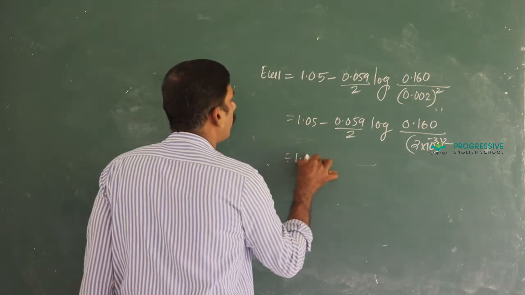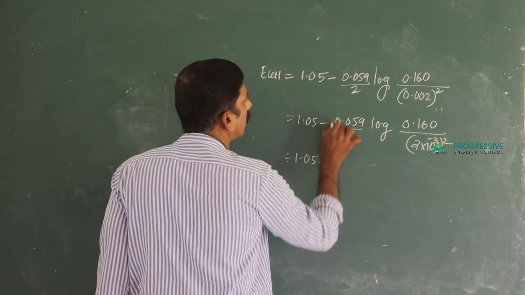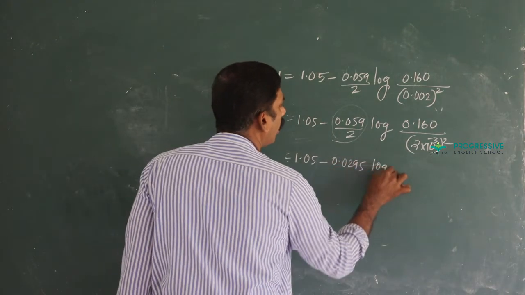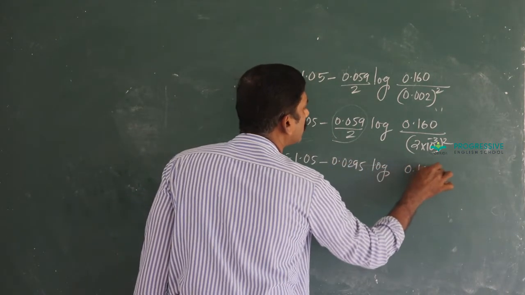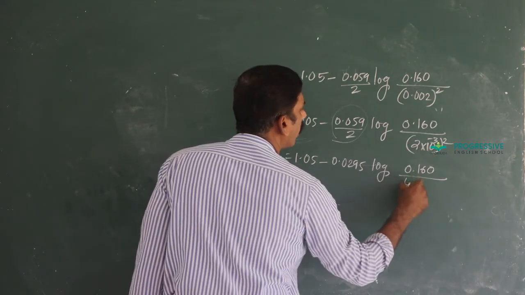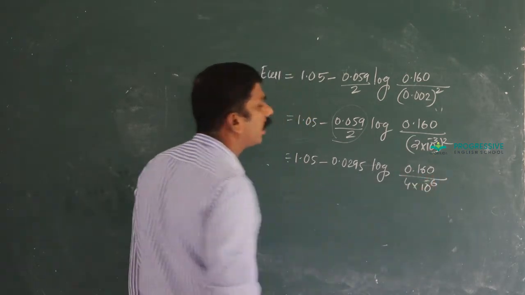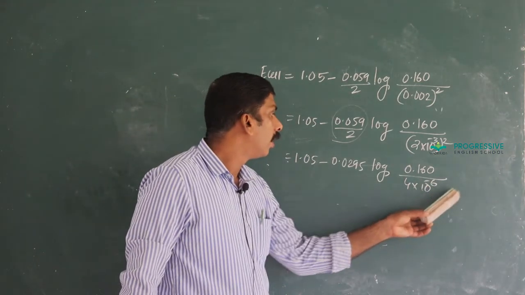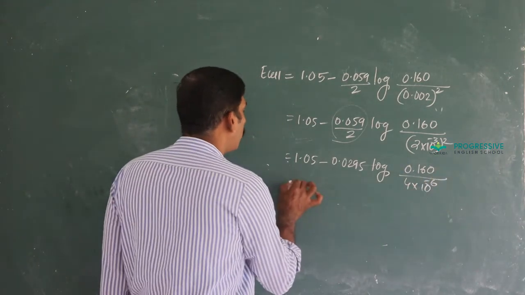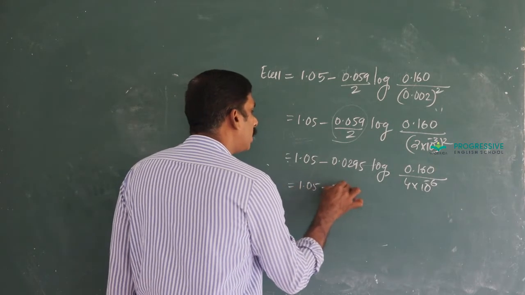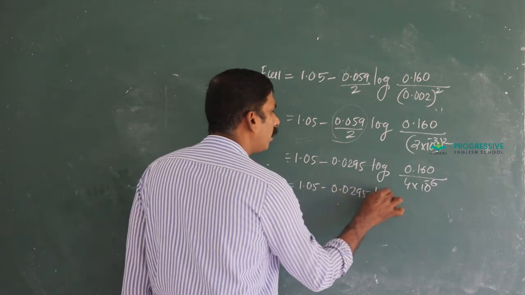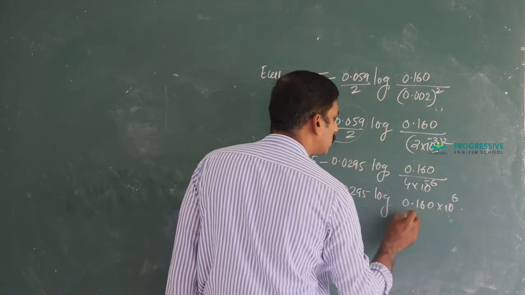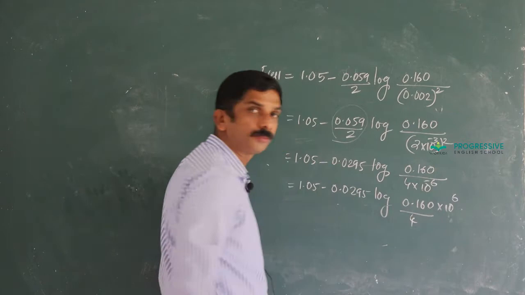1.05 minus 0.059 divided by 2, that is 0.0295, log of 0.160 divided by 2 squared, which is 4, and 10 raised to minus 3 squared, which is 10 raised to minus 6. That can also be written as 1.05 minus 0.0295 log of 0.160 into 10 raised to 6 divided by 4.